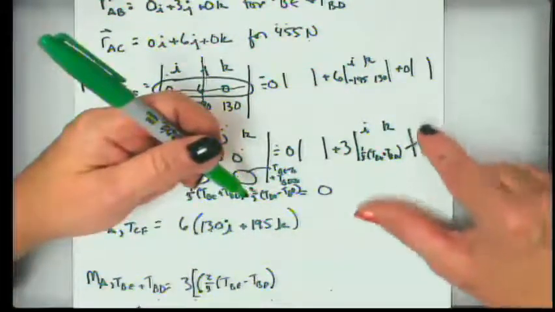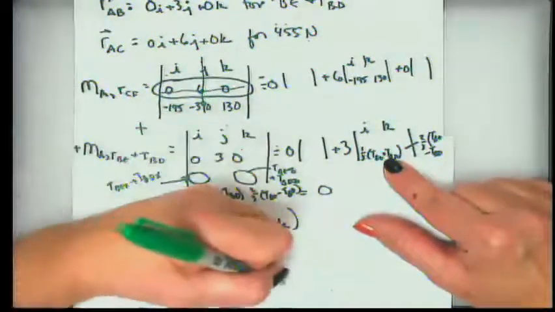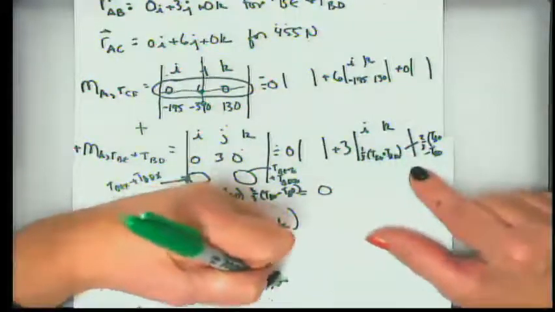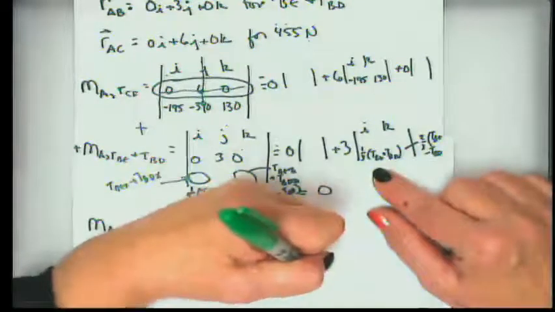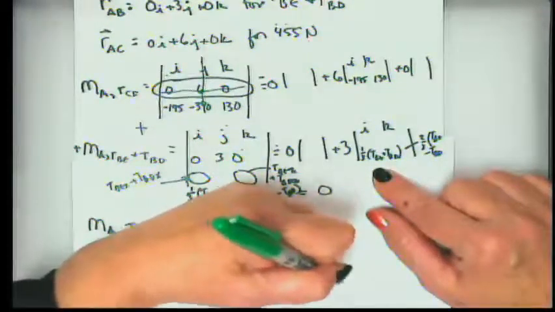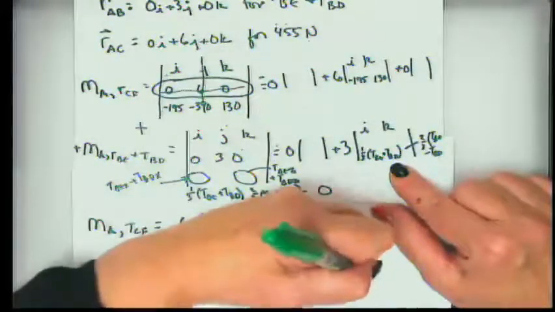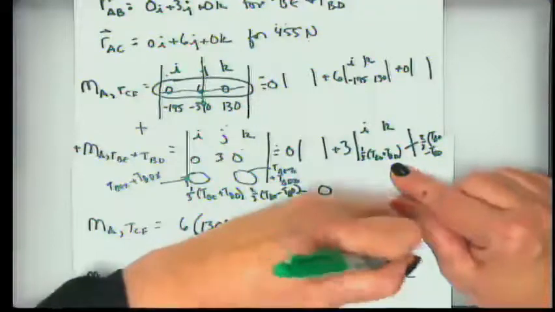Then, so that's this times this, minus this times this, minus, oh, I'm sorry, I didn't get my I in there. There's my I. Minus 1/3 times TBE, this time plus TBD, times K.